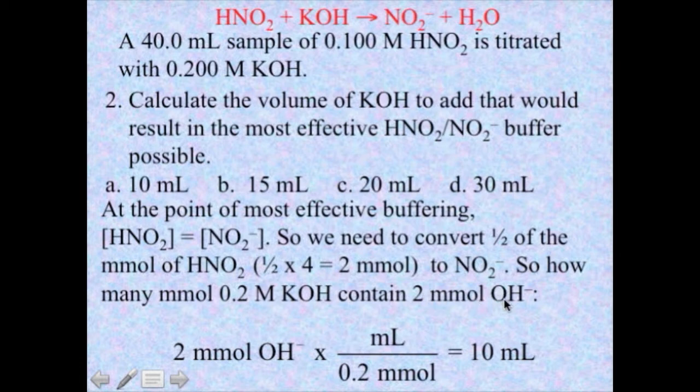Because 2 millimoles of hydroxide will react with 4 millimoles of nitrous acid to neutralize 1/2 of the nitrous acid, so that we end up with equal concentrations of nitrous acid and nitrite ion. So all we do is multiply 2 millimoles of hydroxide by the inverted molarity, milliliters in the numerator, 0.2 millimoles in the denominator, to give an answer of 10 milliliters.